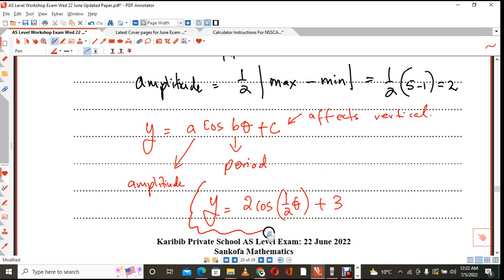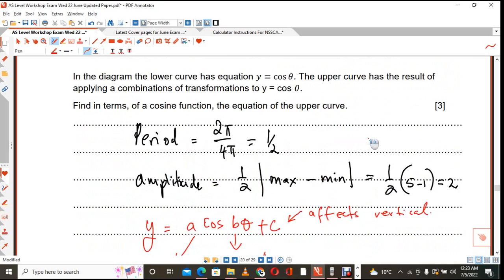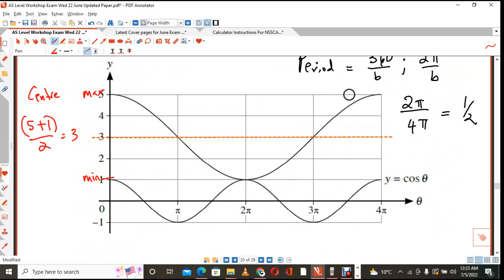And this is how you find that equation. That's the equation of the curve on top there. So the equation of the curve is nothing but, if I have to write it, y equals 2 cos a half theta plus 3.